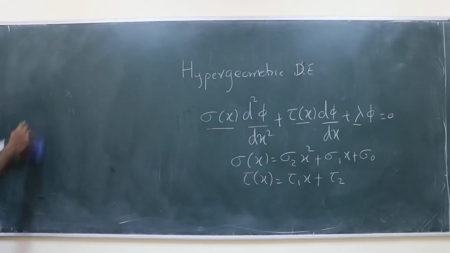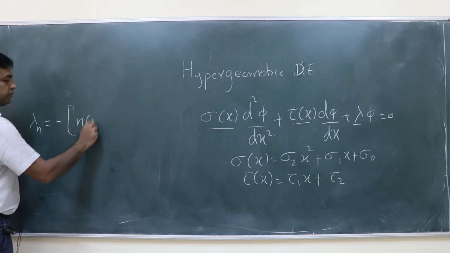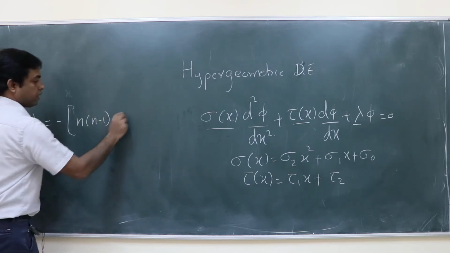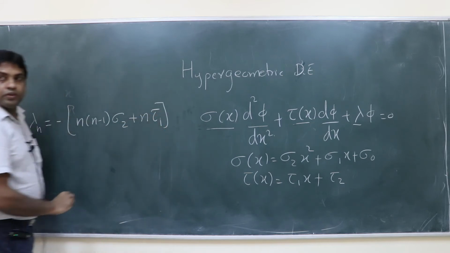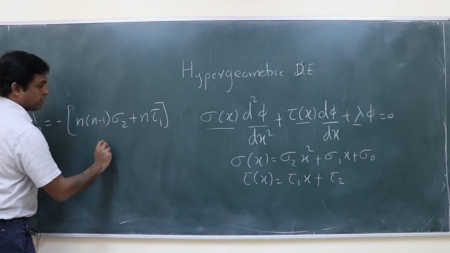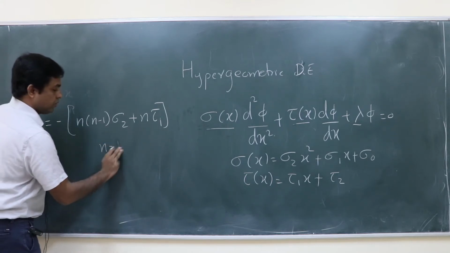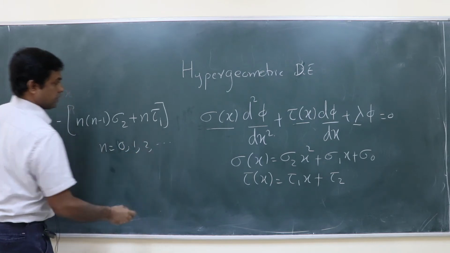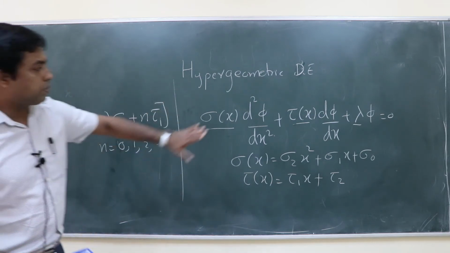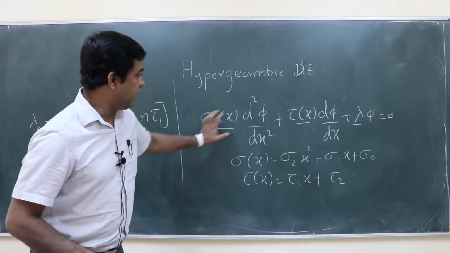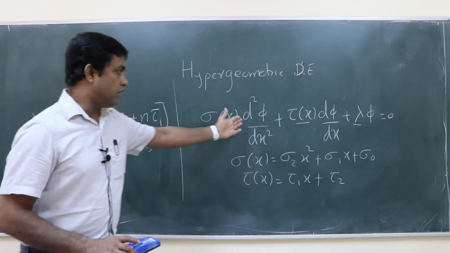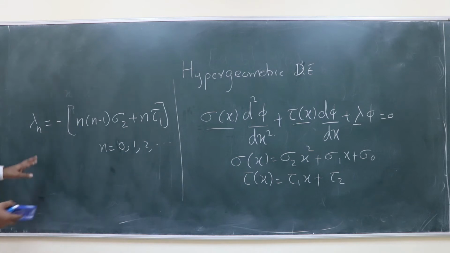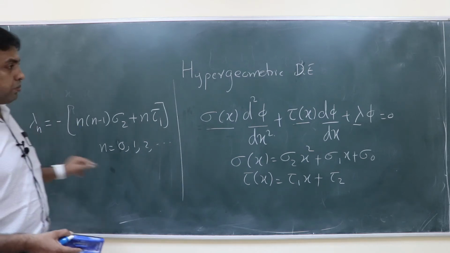Lambda n is equal to minus n into n minus 1 sigma 2 plus n tau 1, where n is equal to 0, 1, 2, etc. So you have the hypergeometric differential equation and its coefficient polynomials.